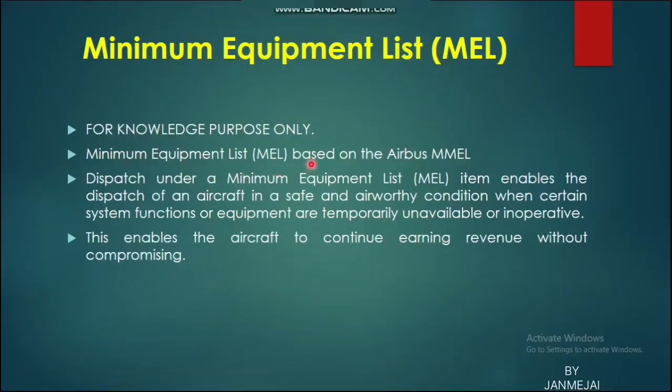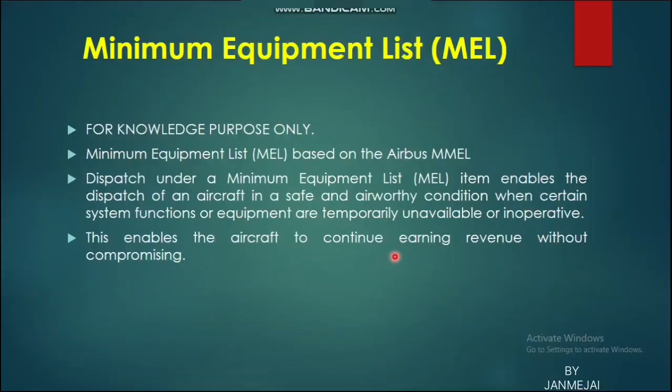The minimum equipment list is based on the Airbus MMEL, that is the master minimum equipment list, and dispatch under a minimum equipment list item enables the dispatch of the aircraft in safe airworthy condition when certain system functions or equipment are temporarily unavailable or inoperative. So this is the definition of the MEL.